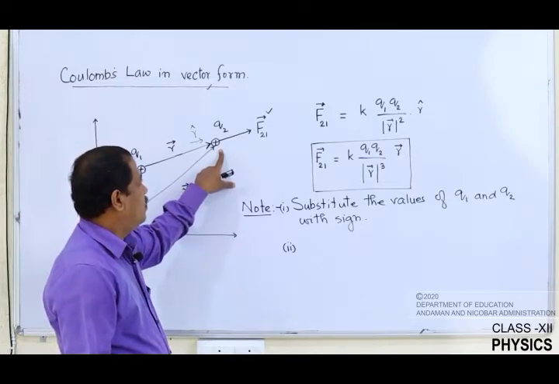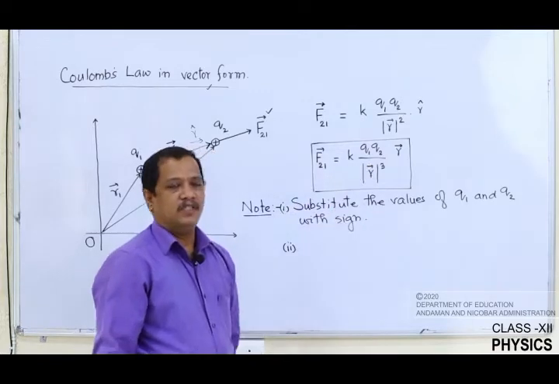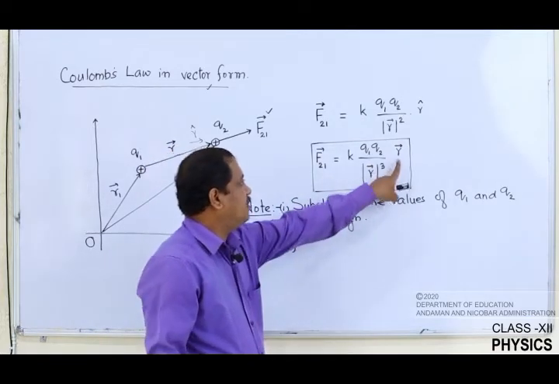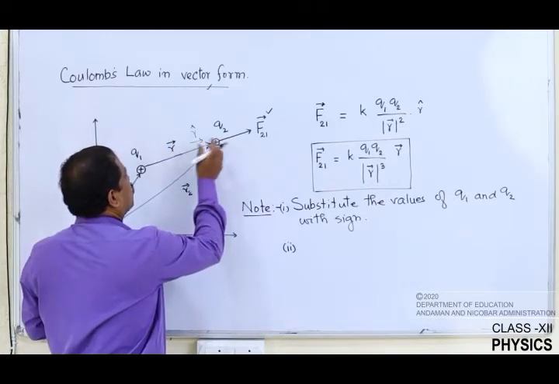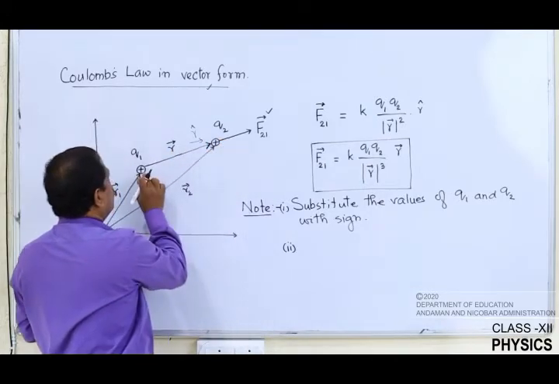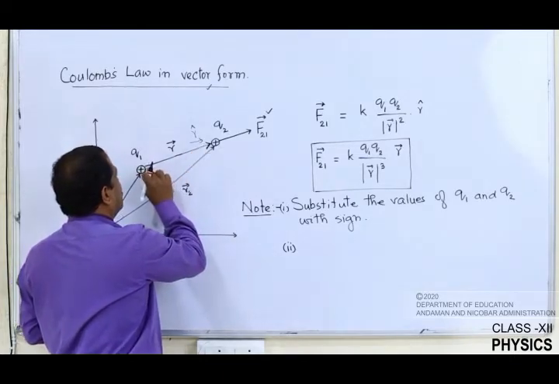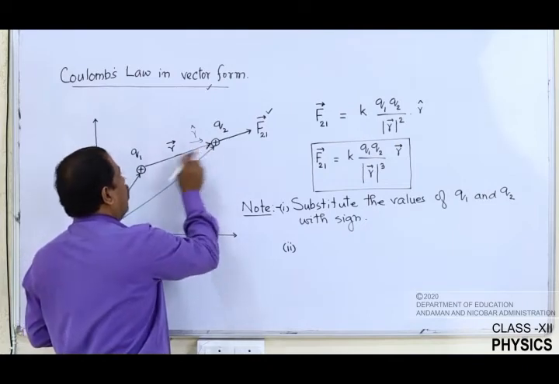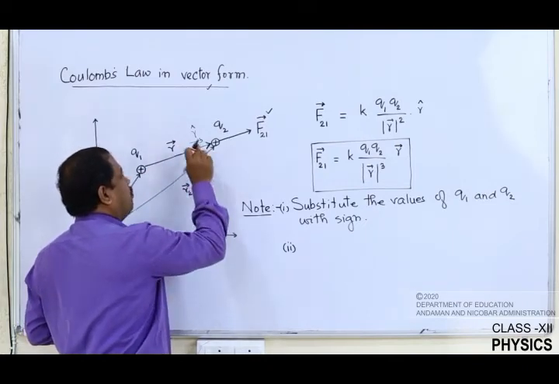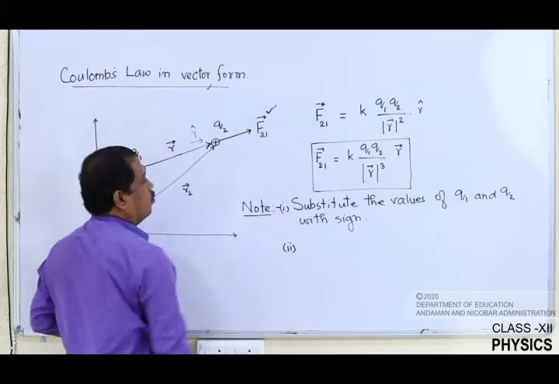I said, while using this, we will substitute the value of the charges with sign. Second thing, R vector. R vector is nothing but the relative position of charge Q2 with respect to Q1. So therefore, this is a vector. A vector will have one tail and head. The head of the vector must be placed at the charge at which we are calculating Coulomb force.